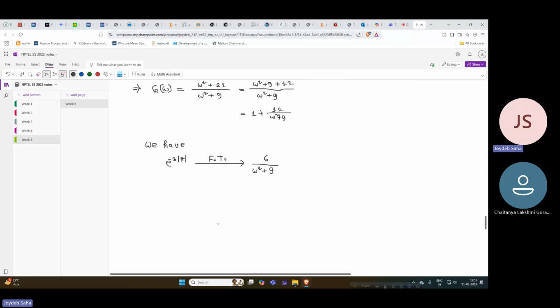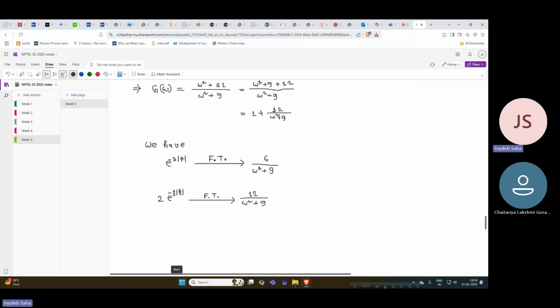So 2 multiplied by e to the power minus 3 mod t, its Fourier transform will be 12 upon omega square plus 9.